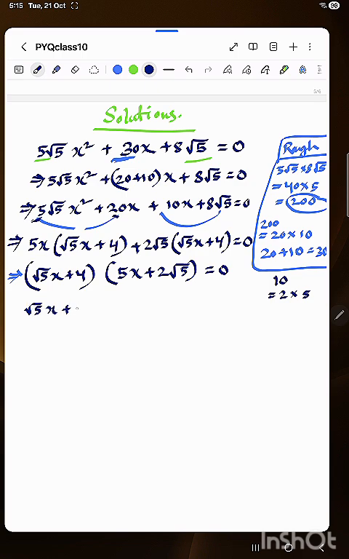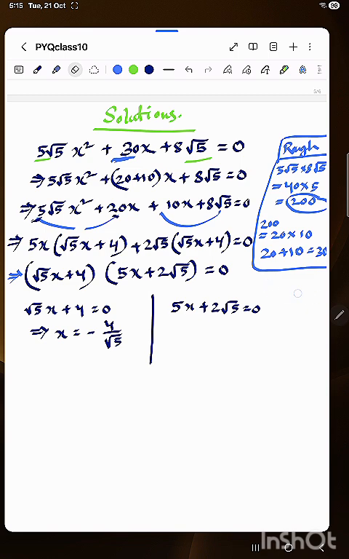Root 5 x plus 4 equals 0 implies x equals minus 4 by root 5. And 5x plus 2 root 5 equals 0 implies x equals minus 2 root 5 by 5, which implies x equals minus 2 by root 5, right?